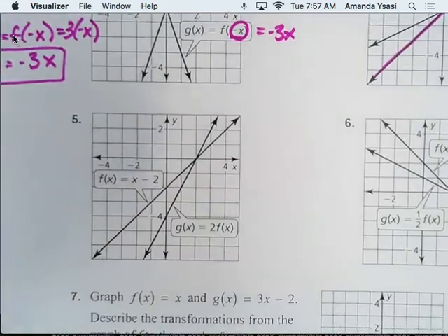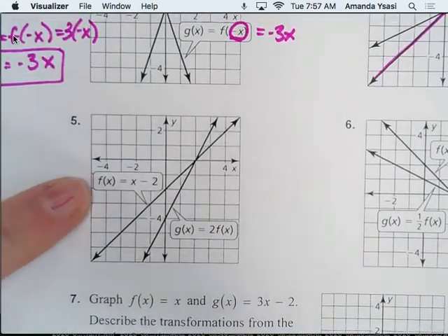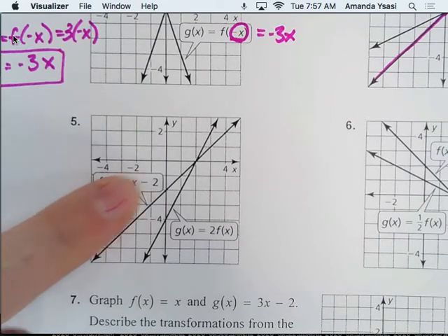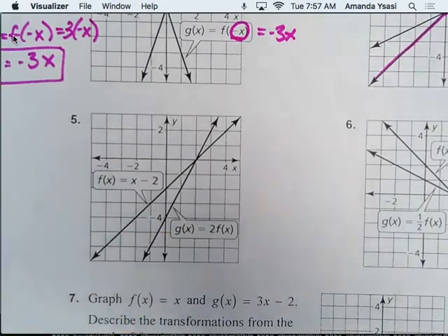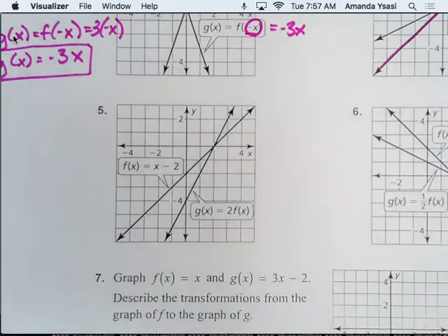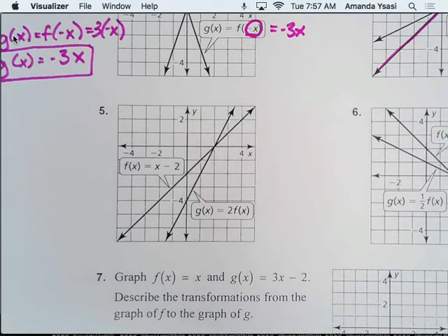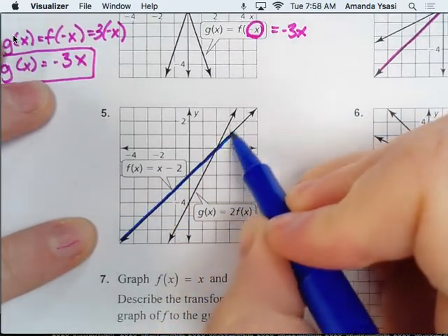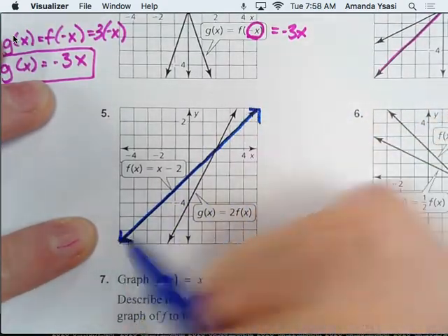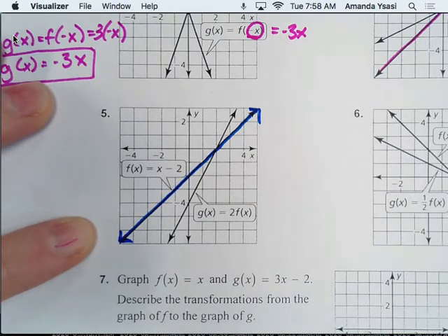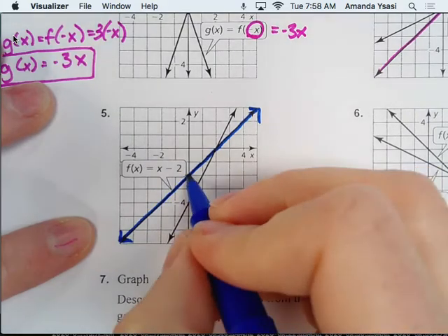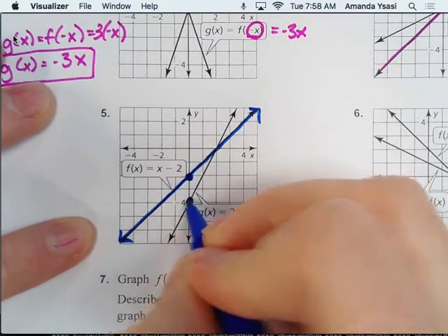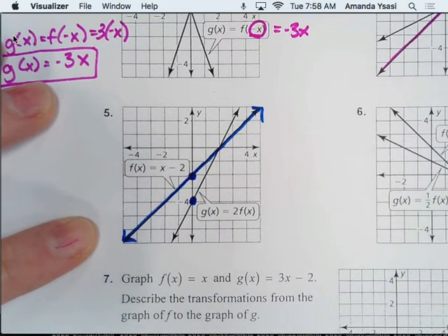Okay, let's look at 5. f of x is x minus 2, and then g of x is 2f of x. So let's just look at our graph and write what was changed. So this is our original one, right? So what was changed? Was the y-intercept changed? Yeah.